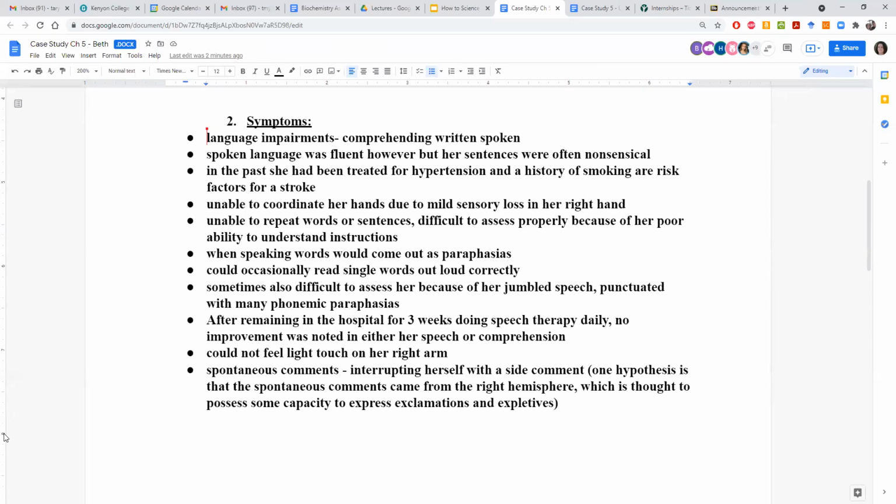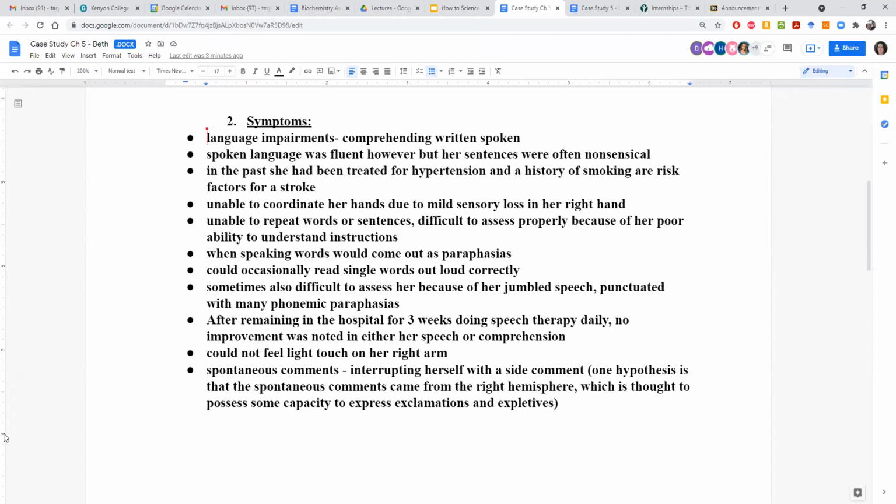She could not feel light touch on her right arm due to the sensory issue. And she had spontaneous comments: she would be answering a question, and during the question, she would interrupt herself and say, well, what am I doing?